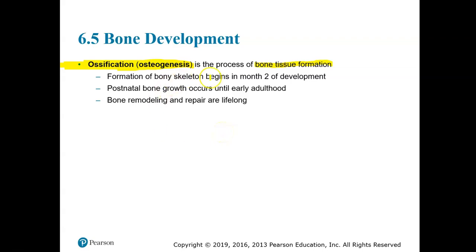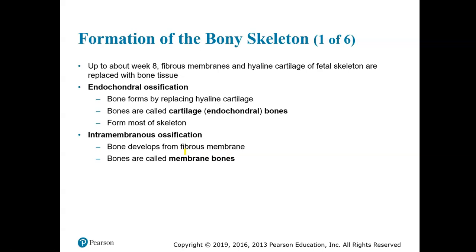It begins when the skeleton begins to develop at about 2 months prenatal, and then bone growth continues. The growth of bone continues until early adulthood. And then bone remodeling and repair are lifelong processes.